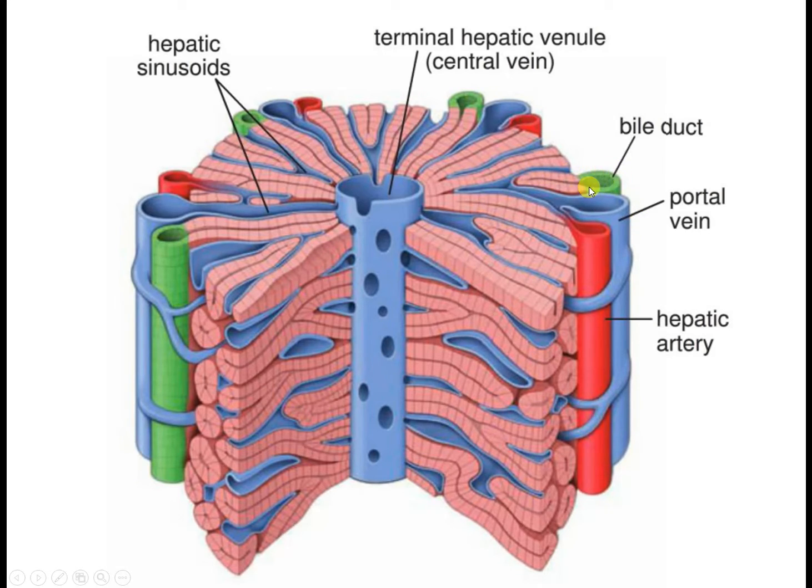And here you can notice another thing, the bile duct. You see, the bile duct also arises between hepatocytes, from the inner portion of hepatocytes. Here we have a sinusoid, and between two hepatocytes the bile duct starts. You might have heard that the liver is a very rapidly regenerative organ.